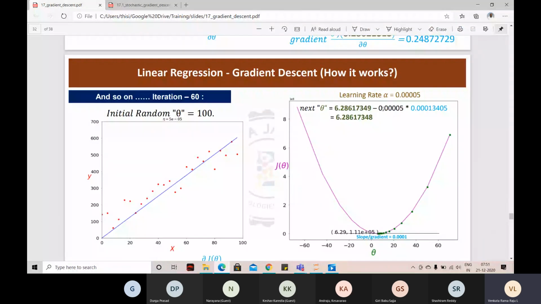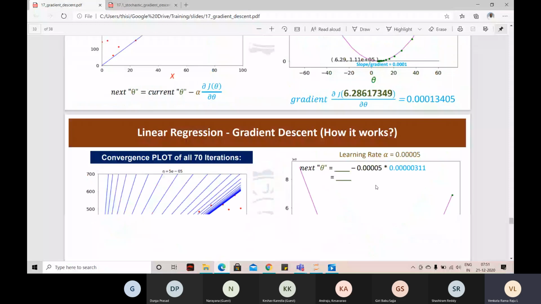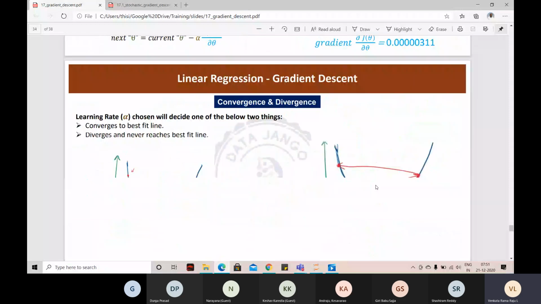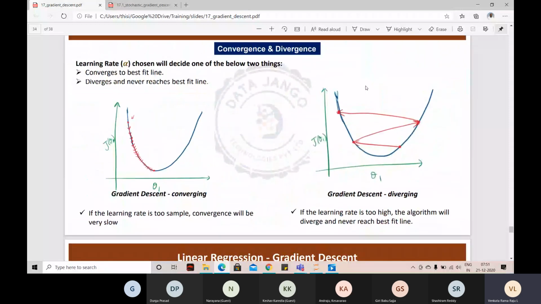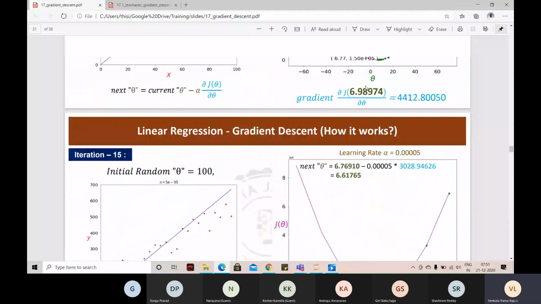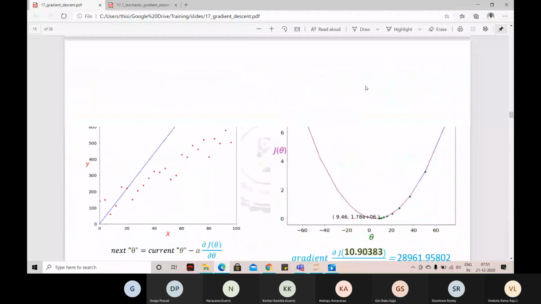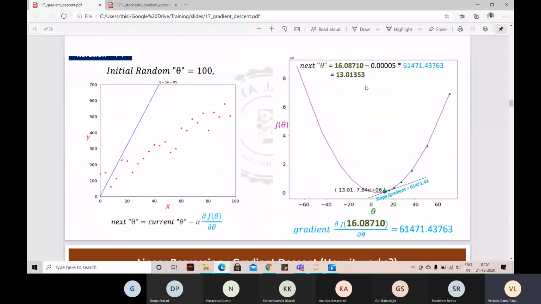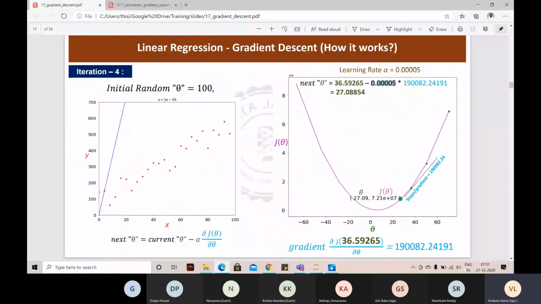This alpha, why did we take that alpha? If you take alpha too big, it may diverge, right? If you see here, if I take this alpha as 1, instead of taking 0.00005, if I take 1, what happens to the next theta?